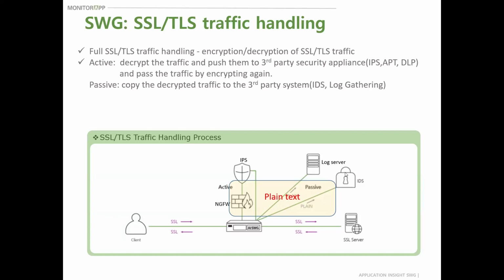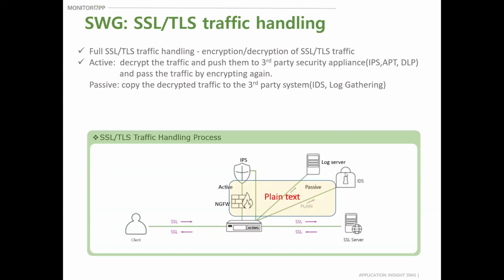Additionally, it's possible to work together with other security appliances such as an NG firewall or IPS, IDS, in an active or passive way. Since an NG firewall or IPS cannot decrypt HTTPS traffic, SWG decrypts the traffic first, then pushes the traffic to the NG firewall and IPS, like in this diagram.